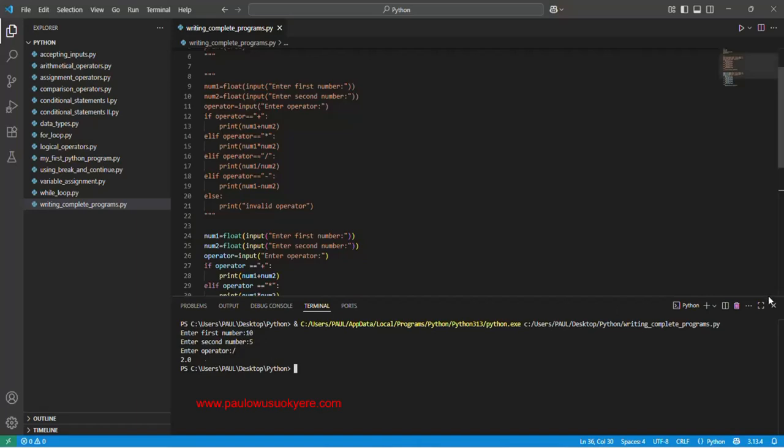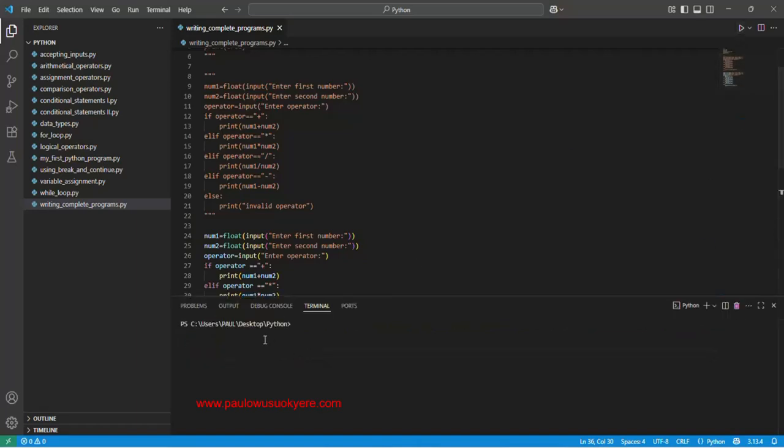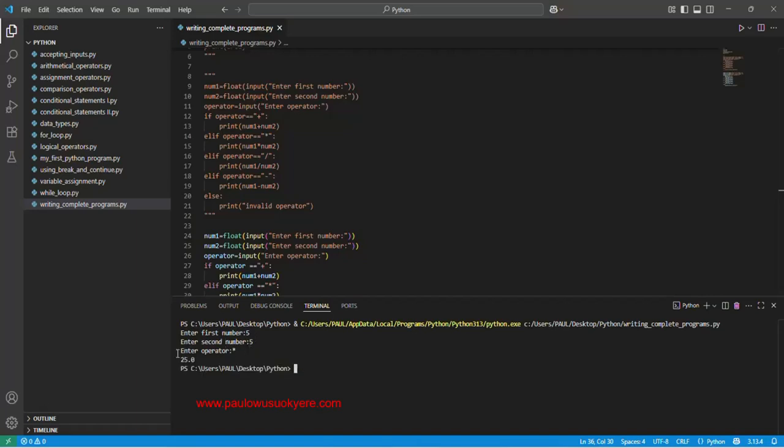Let me run it again. It says enter first number 5, enter second number 5, then you press enter. Enter operator, this time multiplication. Then you press enter. So 5 times 5, 25.